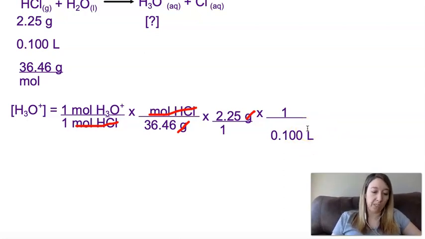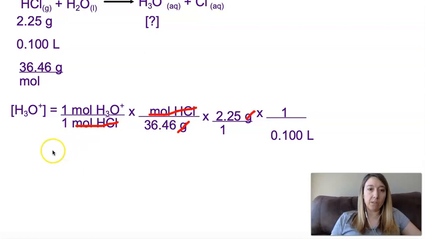So we need to calculate this. In your calculator, remember, usually those ones don't matter. The only one in this case that I really need to make sure I'm using is this one, because otherwise my first operation is to divide by 36.46, and I can't do that. So 1 divided by 36.46 times 2.25, and then divided by 0.1.